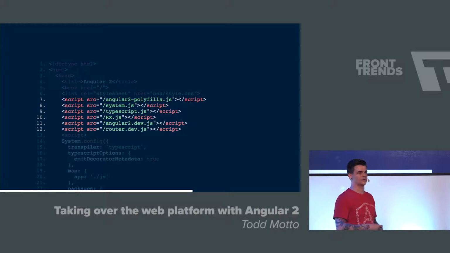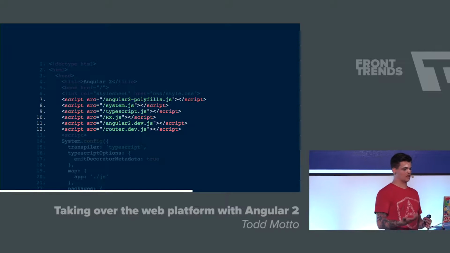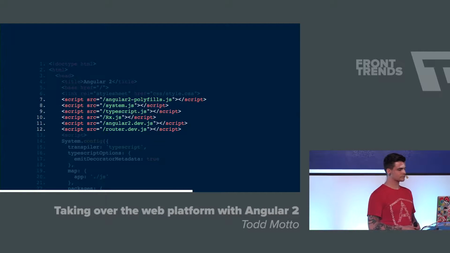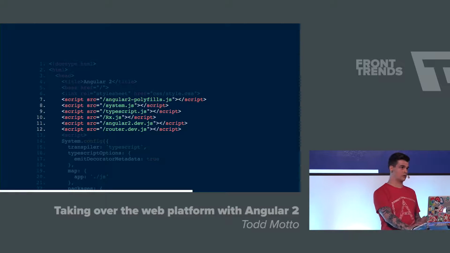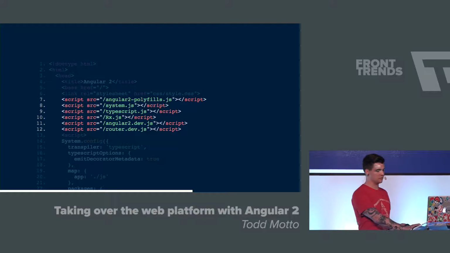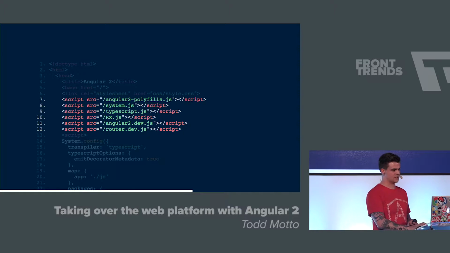It essentially allows you to compile TypeScript in the browser, which is quite handy for quick demos and development. Then RxJS, the whole observables streams that we had the talk about yesterday. And then Angular2.dev, which is the development version, and I've also included the router.dev. So you could include them all, or you could get system.js to load them.